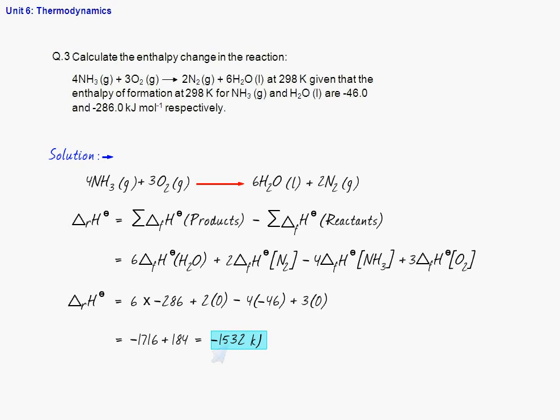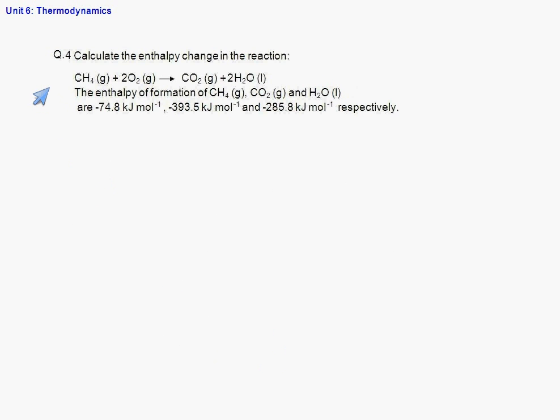Question number 4 is: calculate the enthalpy change for the reaction CH4 gas plus 2O2 gas gives CO2 gas plus 2H2O liquid. The enthalpy of formation of CH4 gas, CO2 gas, H2O liquid are minus 74.8 kilojoule per mole, minus 393.5 kilojoule per mole, and minus 285.8 kilojoule per mole respectively.